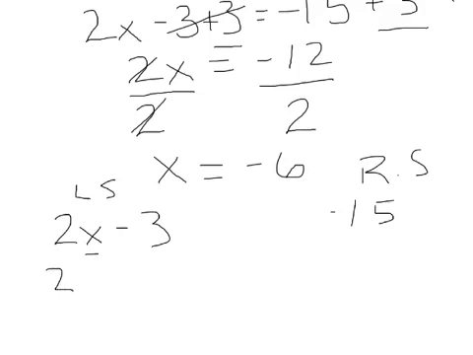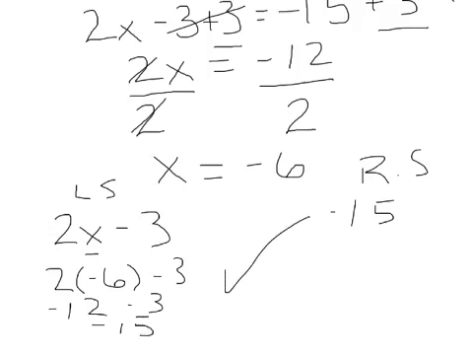So 2 multiplied by negative 6 minus 3. 2 times negative 6 is negative 12 minus 3, which does equal negative 15. So therefore, I've done the question correctly because my left side is now equal to my right side. I have made the statement true.